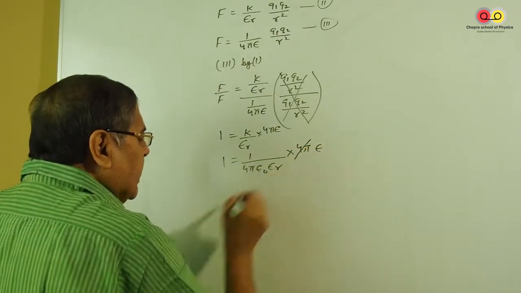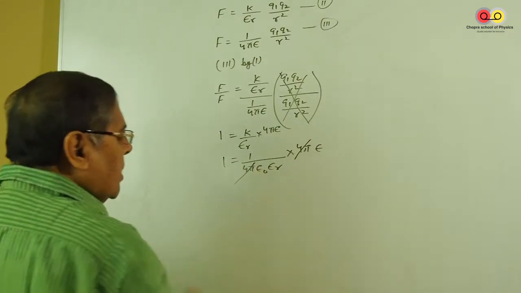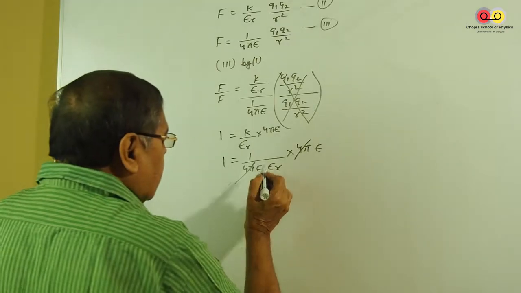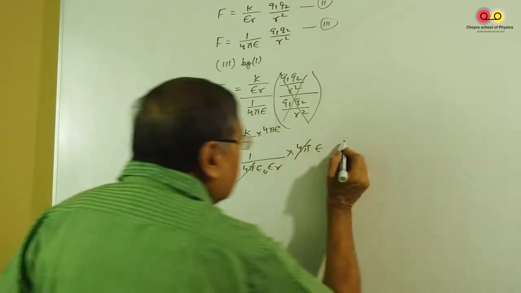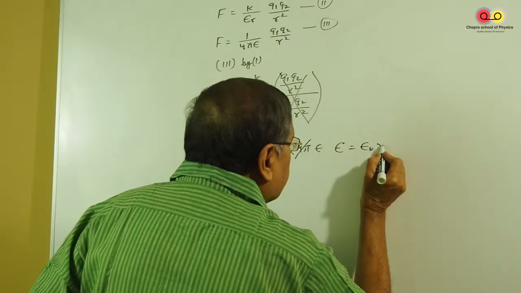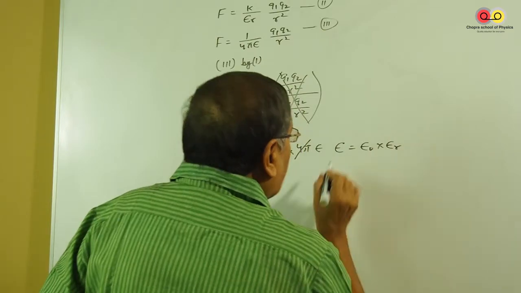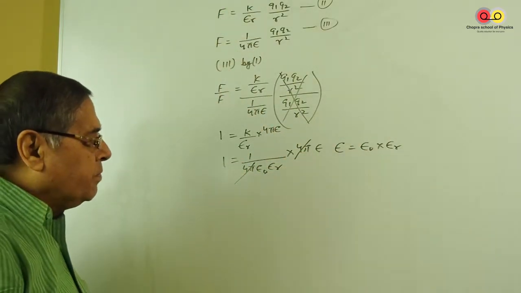This 4 pi will cancel off, and we find that epsilon is equal to epsilon naught into epsilon r. So we got epsilon from the definition of Coulomb's law.